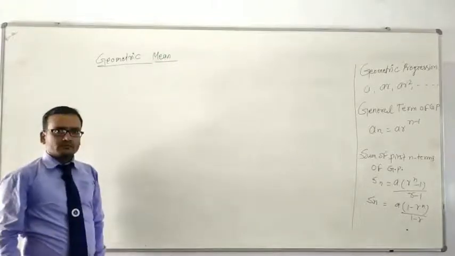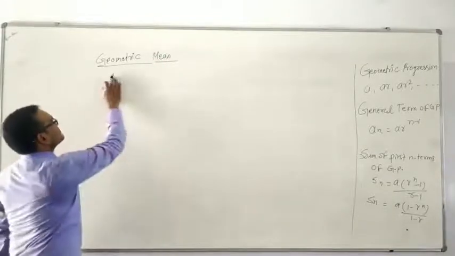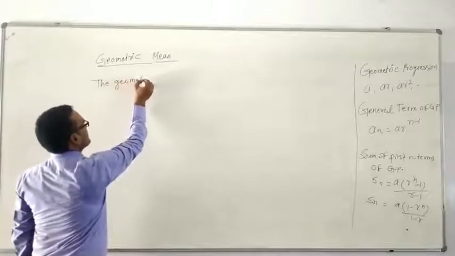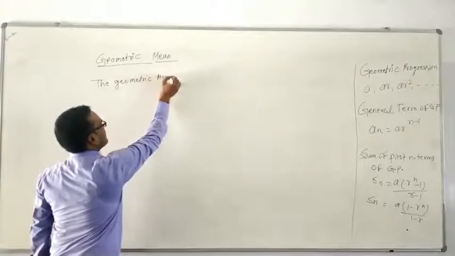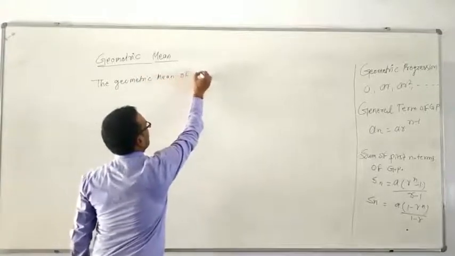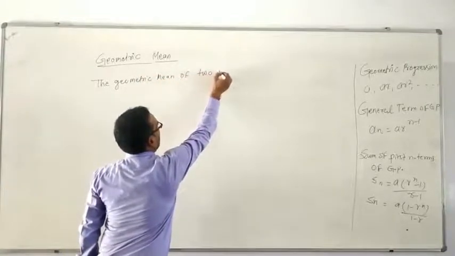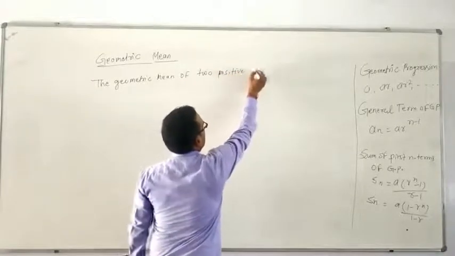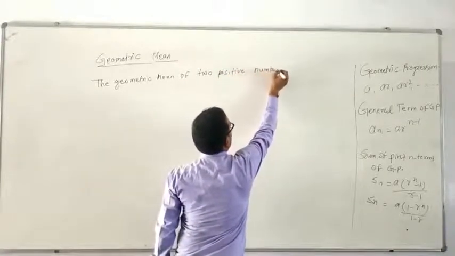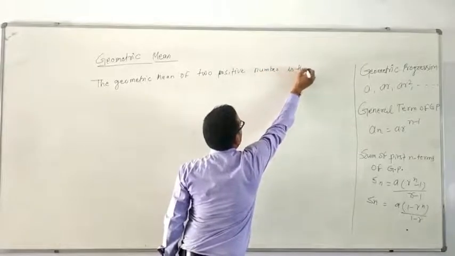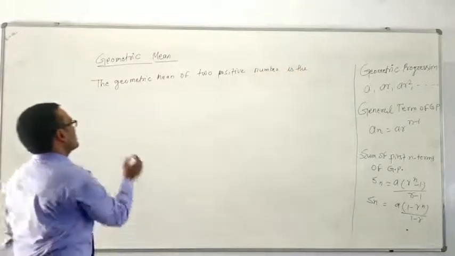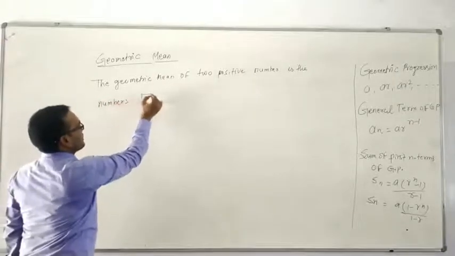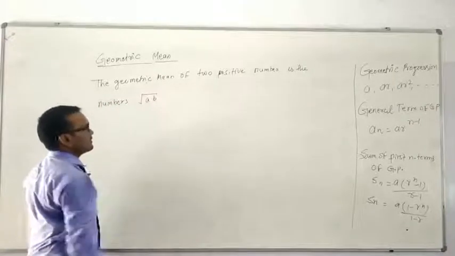Geometric mean of two numbers. The geometric mean of two positive numbers A and B is the number square root of AB.